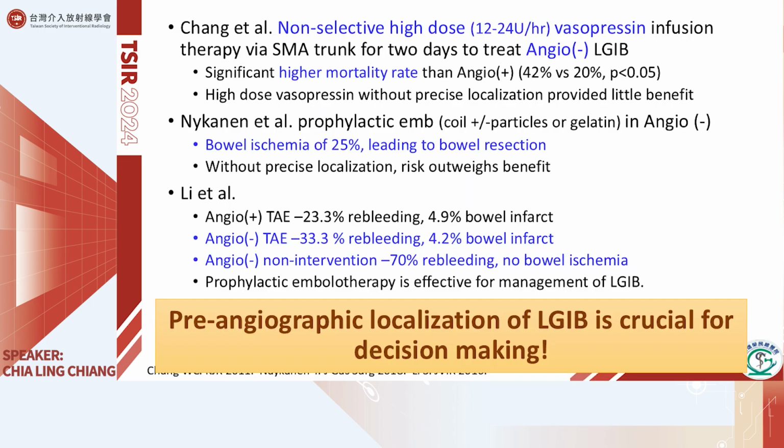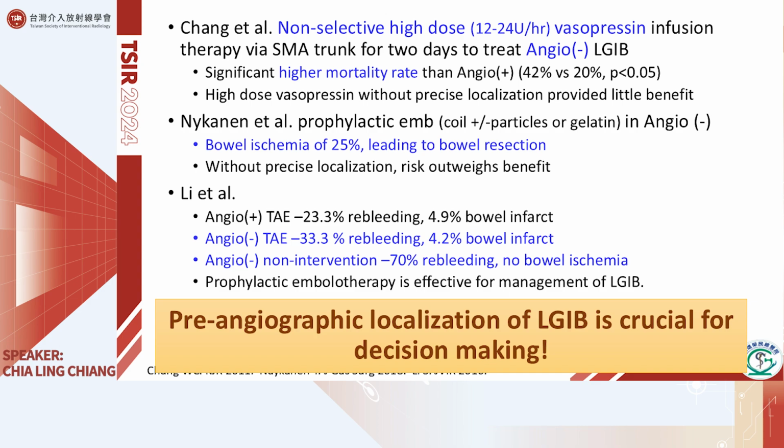There are also some authors in the literature who try to do prophylactic TAE for low GI bleeding. Chiang used non-selective high-dose vasopressin infusion therapy via the SMA trunk for 2 days to treat angionegative low GI bleeding.